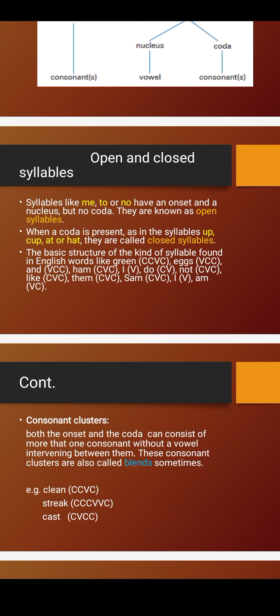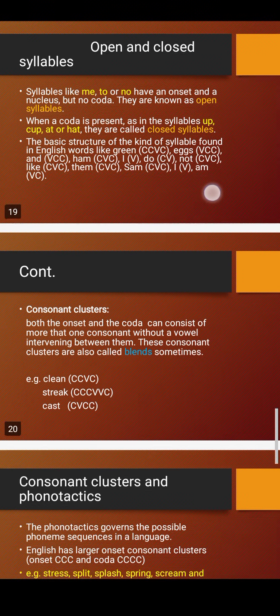I have highlighted the examples of the open syllable in yellow font color in these slides. The other type is a closed syllable. In closed syllables, our nucleus has a coda, and we know that a coda is a consonant or consonant cluster that comes after the vowel.